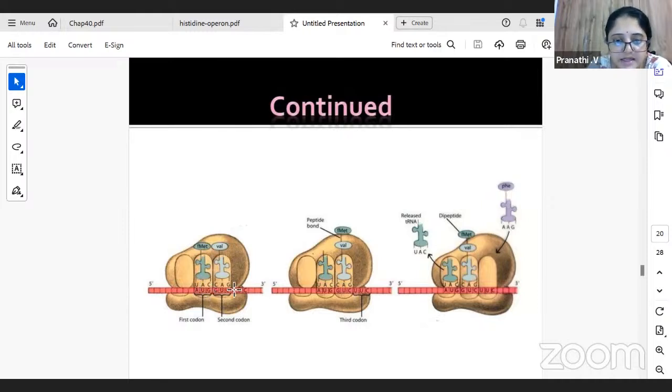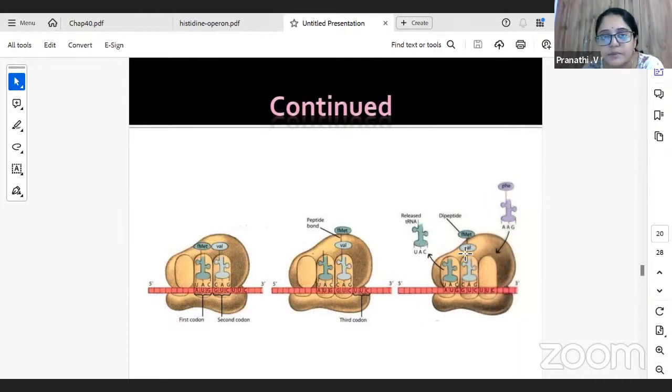Next, the acceptor site is going to be filled, and the next amino acid coded on the mRNA will come and attach itself. Once this is done, you have the production of methionine and valine amino acids. Because of this, the tRNA gets released after it goes into the exit site.